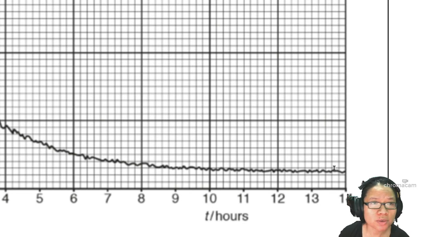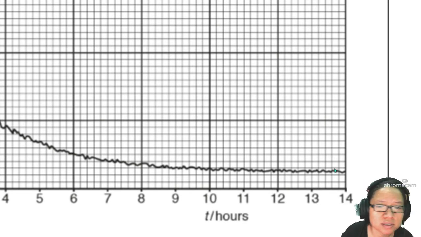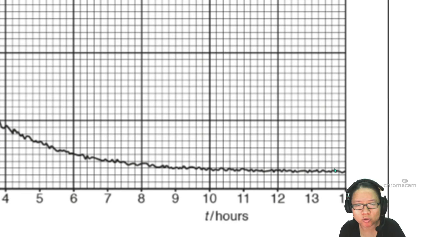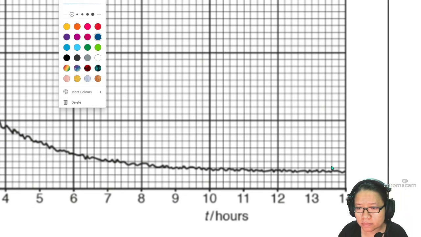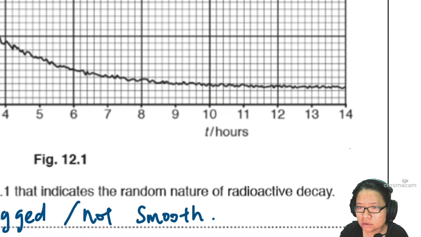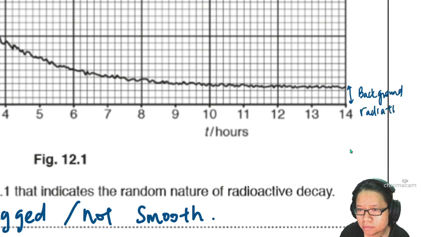All right, so when the graph plateaus, what this tells us is that the decay is almost zero already. So I can treat this entire 2.5 boxes, roughly, here to here, as background radiation.